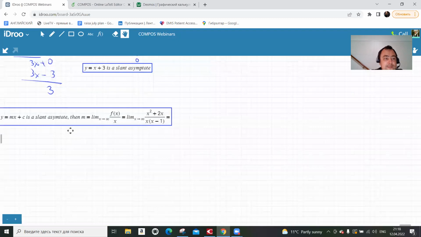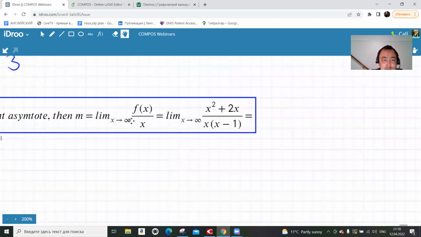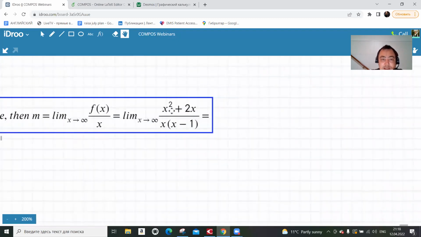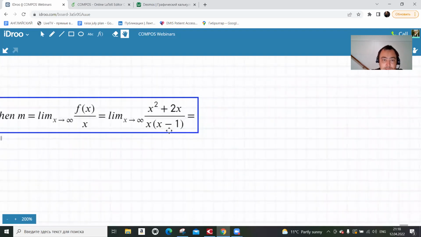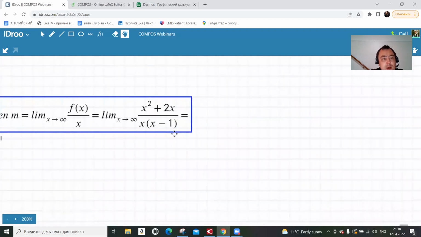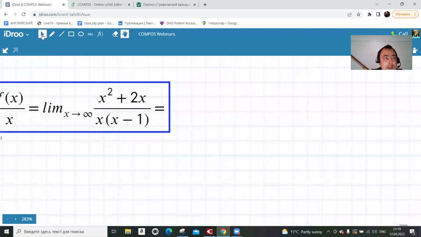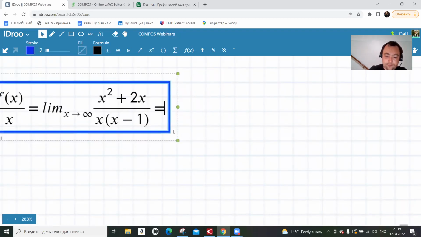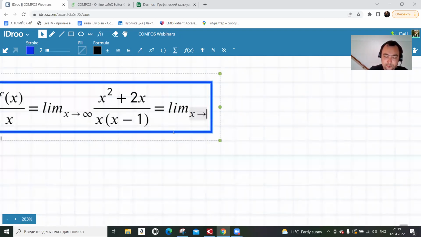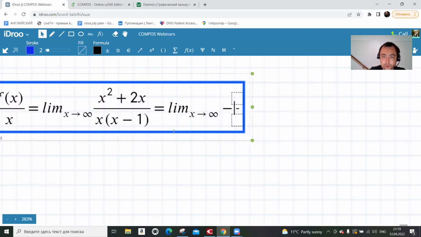And that makes sense. The gradient of the asymptote is the limit of x squared plus 2x over x minus 1 times x. And to find that limit as x tends to infinity, what do we need to do?